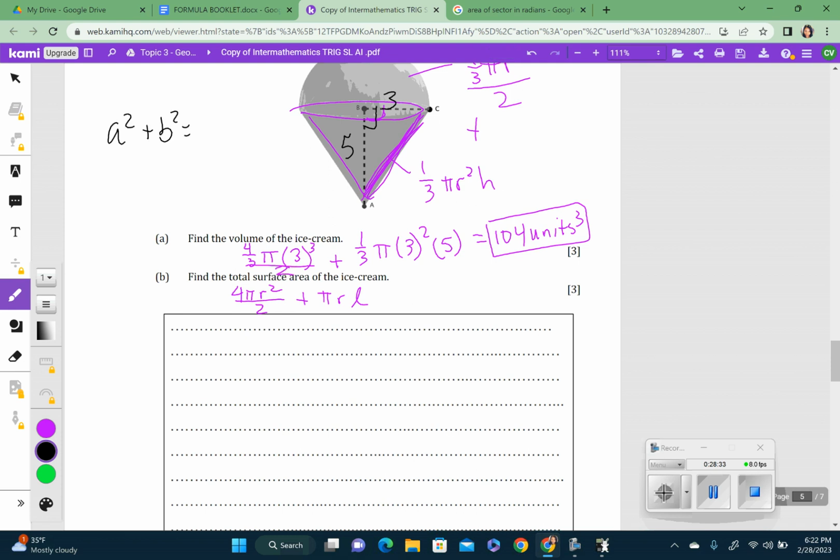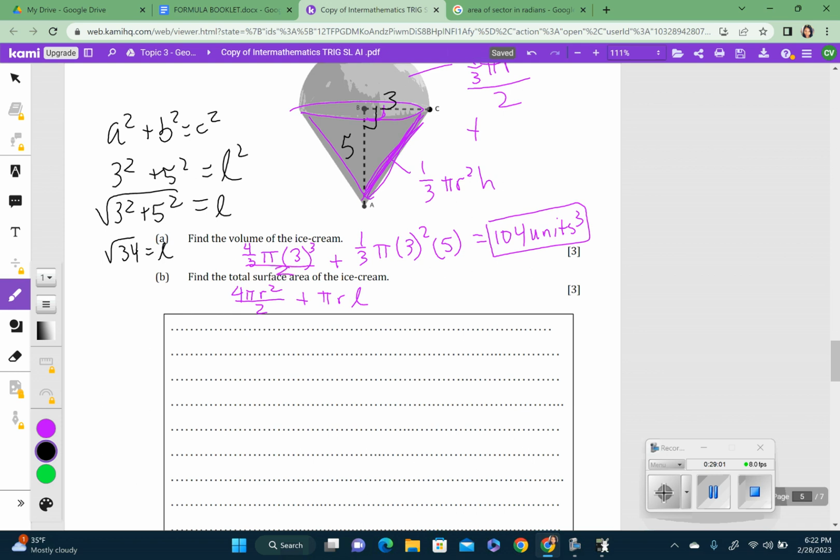I can use that because this is a right triangle. So I have 3 squared plus 5 squared is equal to L squared. To find L, I do the square root of 3 squared plus 5 squared. So 9 plus 25 is 34. So L is equal to the square root of 34.